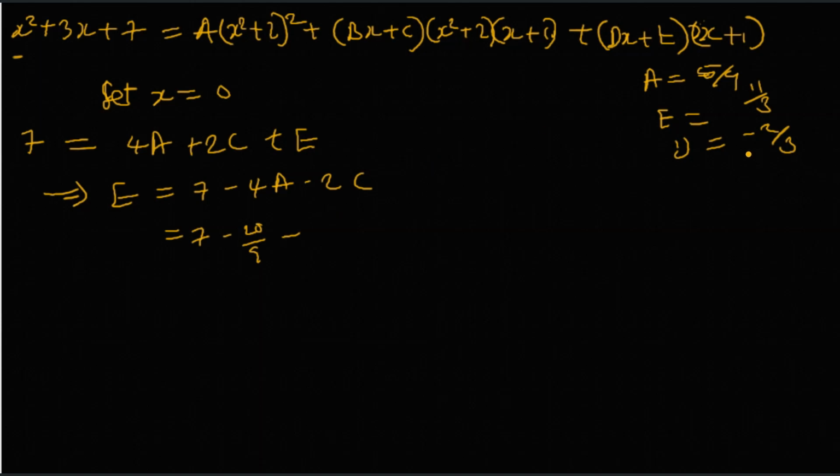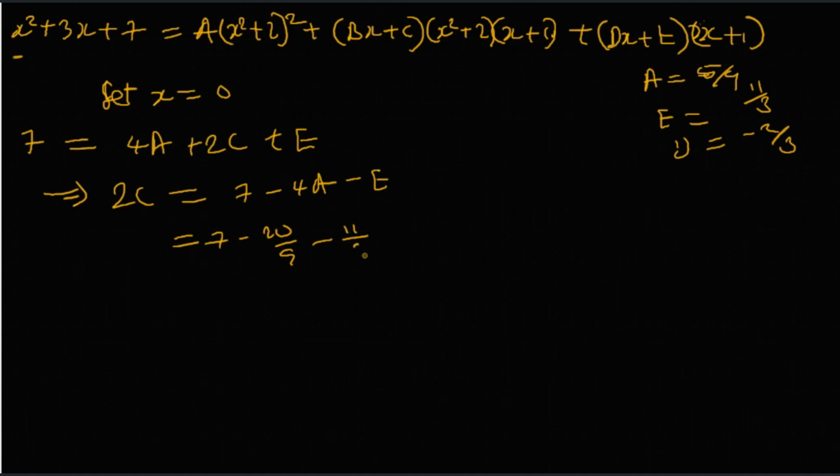Okay, we know E, but we don't know C. I think there's a slight mistake from here. We are looking for C actually. So what I'll do is write, okay, so 2C would be equal to 7 minus 4A minus E. So that would be 7 minus 20 over 9 minus 11 over 3.